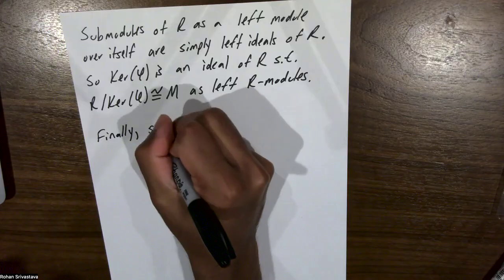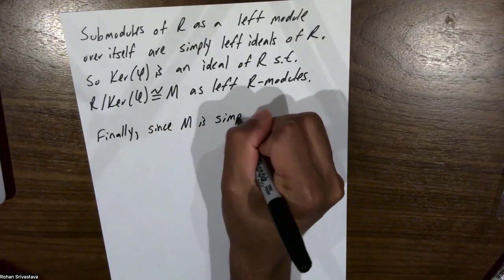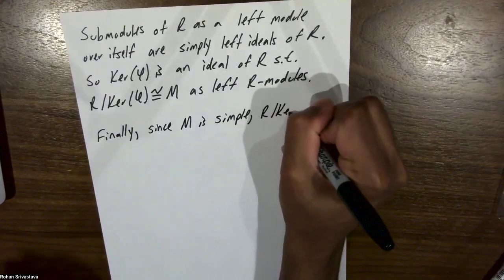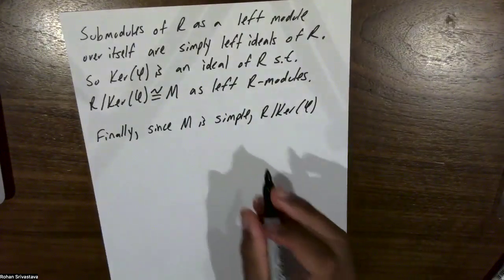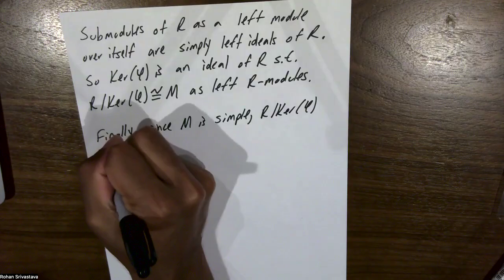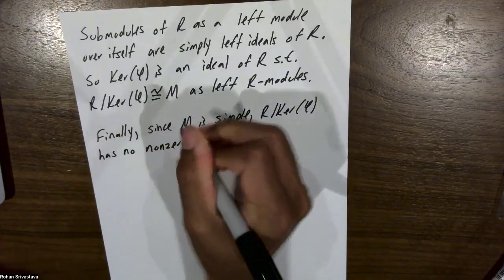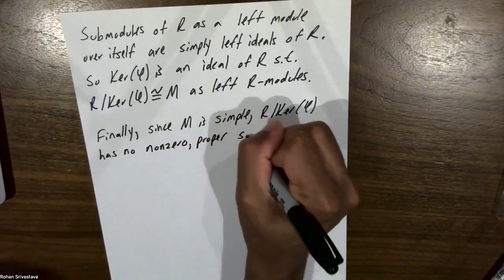So finally, since M is simple, R mod the kernel of phi is isomorphic to M, so what does that mean? R mod the kernel of phi has no non-zero proper submodules.